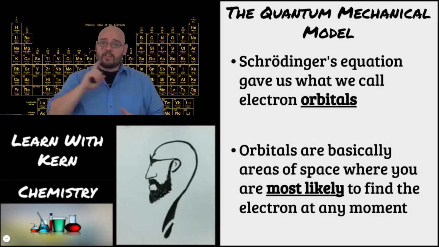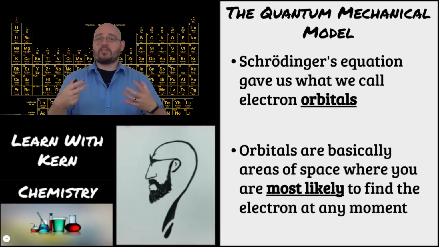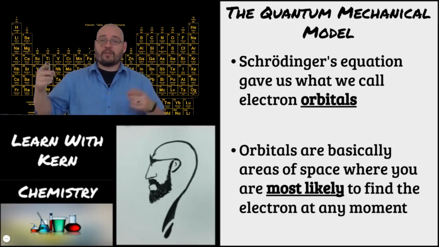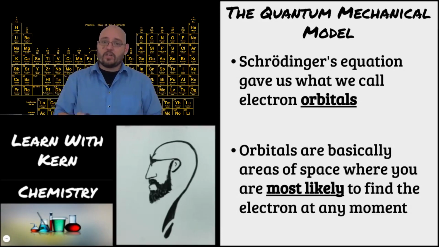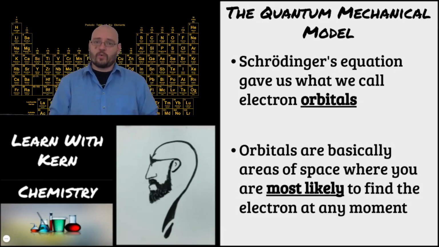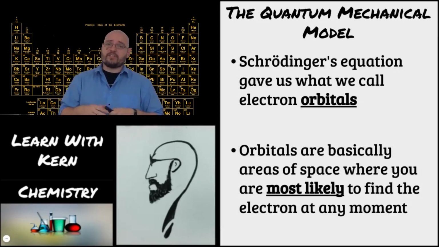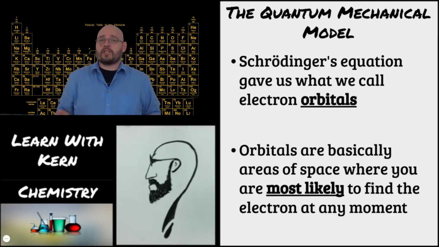So the area that my classroom is where you're most likely to be during class. Do I know exactly where in the class you are at any given instant? No, but I have a pretty good idea of where you are. That's what Schrödinger's equation does with the electrons, is it gives us a probability of where the electron is most likely going to be at any given moment.